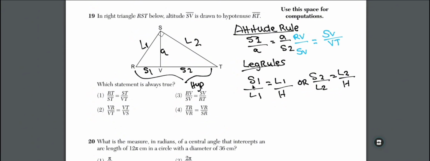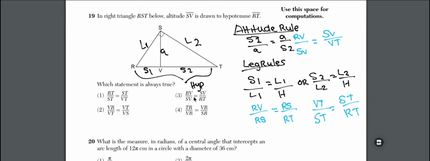Now, for my leg rules, the first one says side 1, which is RV, over leg 1, which is RS, is equal to leg 1, which is RS, over hypotenuse, which is RT. Leg 2 says side 2, which is VT, over leg 2, which is ST, is equal to leg 2, which is ST, over my hypotenuse of RT.